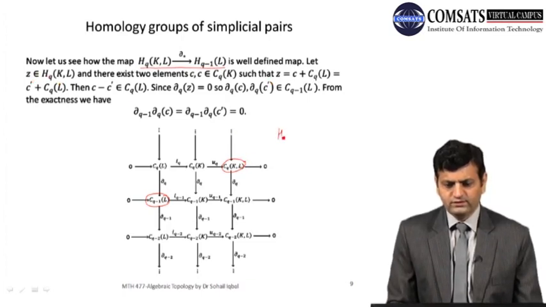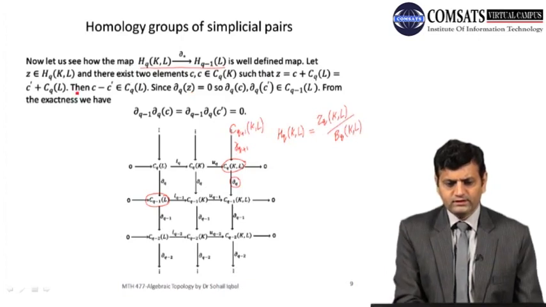What is H_q(K,L)? It is basically Z_q(K,L) quotient with B_q(K,L). Z_q(K,L) is the kernel of this boundary map, and B_q is the image of the boundary map ∂_{q+1} on the elements of C_{q+1}(K,L).